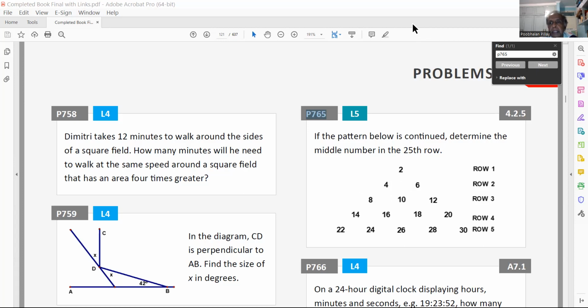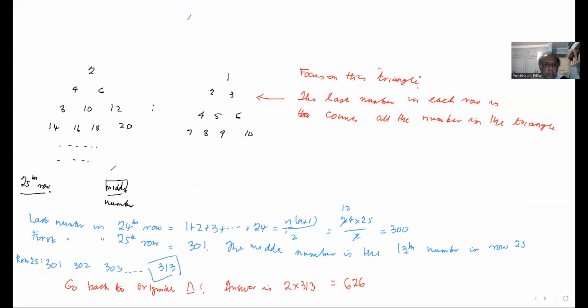Okay, so to be more precise, I've set it up here in the whiteboard. So this is the problem that we're looking at, and we want to know what is the middle number in the 25th row. As I said, we will replace all these numbers by just half of them. And then we observe here that the last number in each row is the count of all the numbers in the triangle.